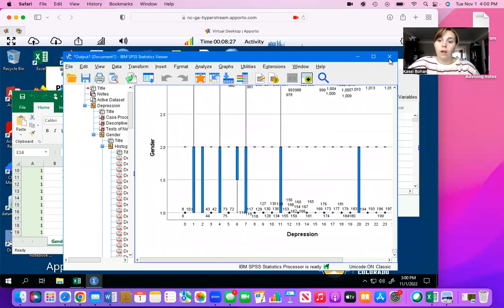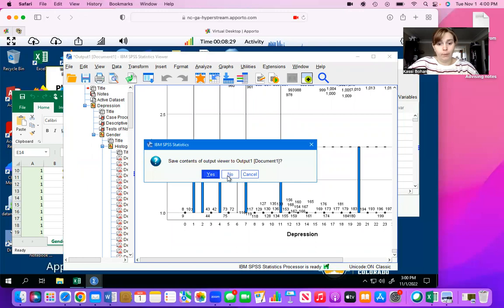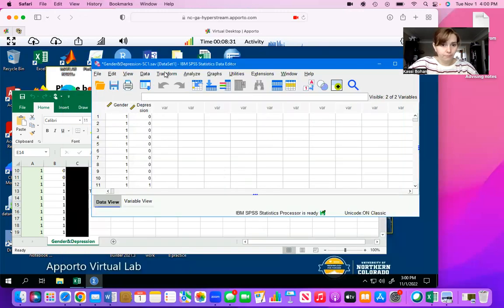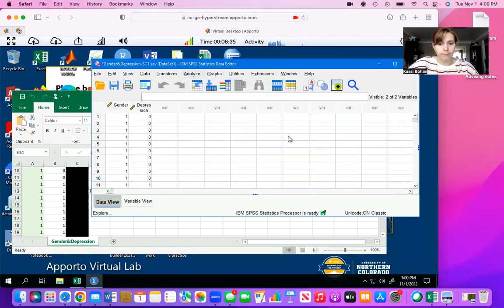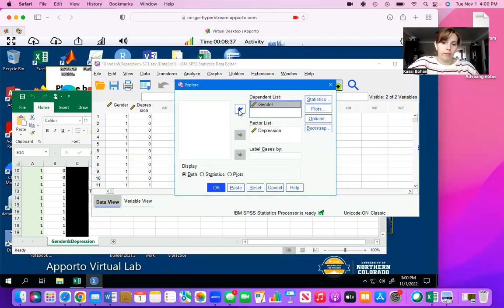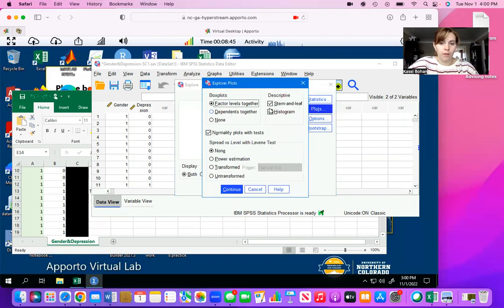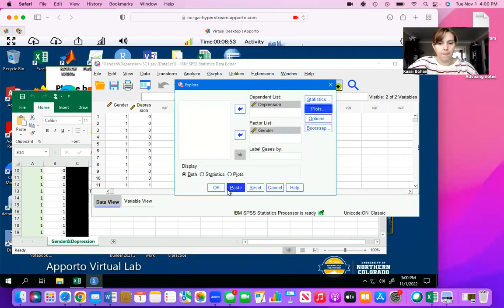Okay, I'm going to do that again. So no, I'm not going to save. Analyze, descriptive statistics, down to explore. I am actually going to swap where I put these, just to see. I'm going to get rid of the histogram right now. I want to know the normalcy, stem and leaf.